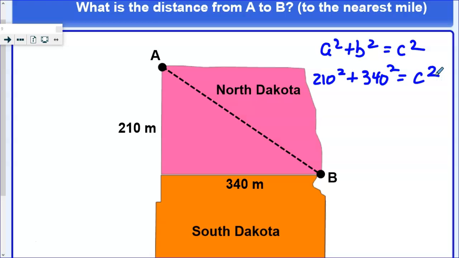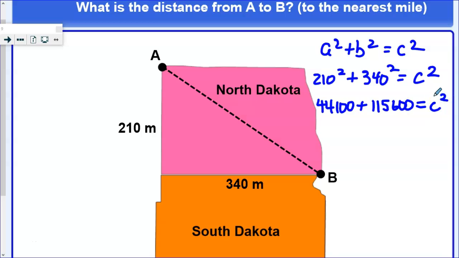Okay, 210 squared, I get some bigger numbers here, is 44,100 plus 340 squared is 115,600 equals our c squared.